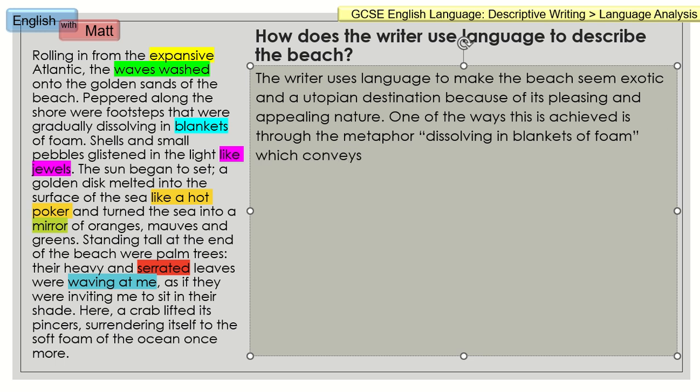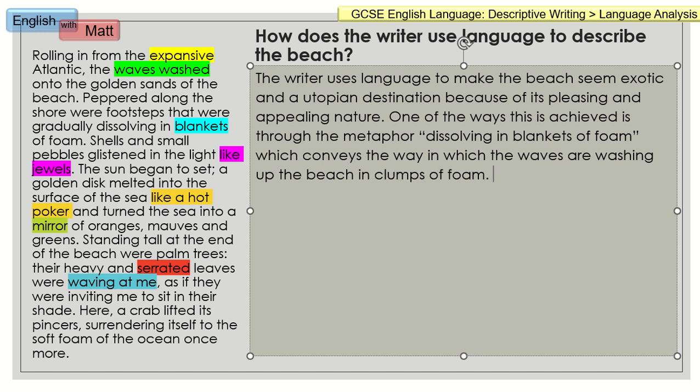So conveys, suggests, implies, foregrounds, depicts, all of these kind of words are quite good with analysis. One of the ways this is achieved is through the metaphor "dissolving in blankets of foam," which conveys the way in which the waves are washing up the beach in clumps of foam.